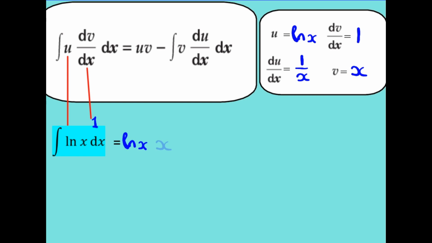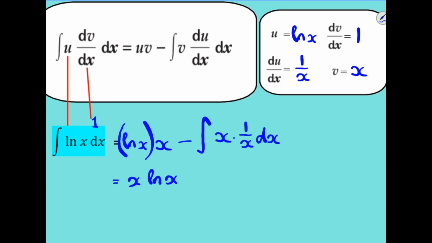uv becomes log of x multiplied by x. I then subtract the integral of v multiplied by du by dx. And this really becomes very simple now.